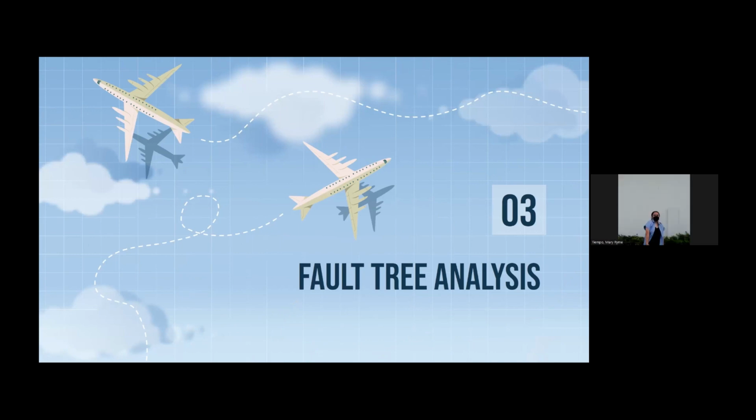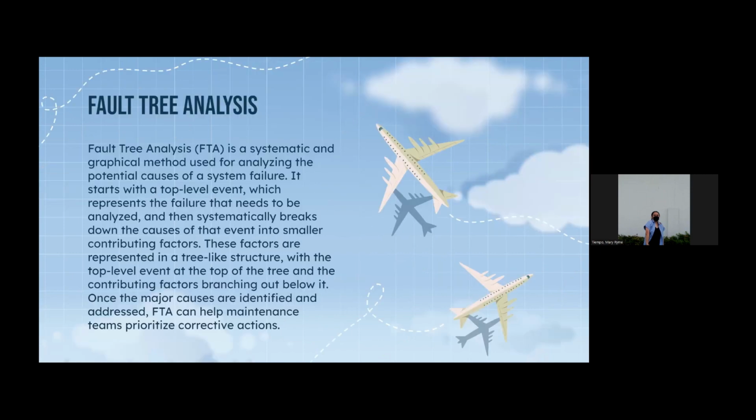So, fault tree analysis. Next, please. Fault tree analysis is a systematic and graphical method used for analyzing the potential causes of a system failure. It starts with the top-level event, which represents the failure that needs to be analyzed, and then systematically breaks down the causes of that event into smaller contributing factors.